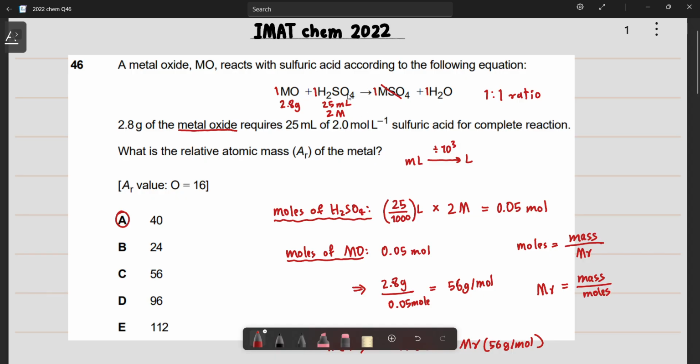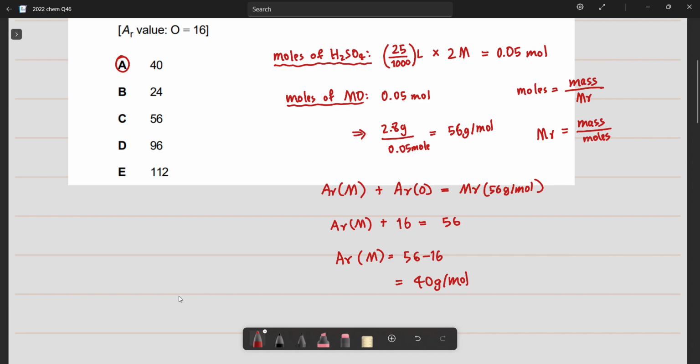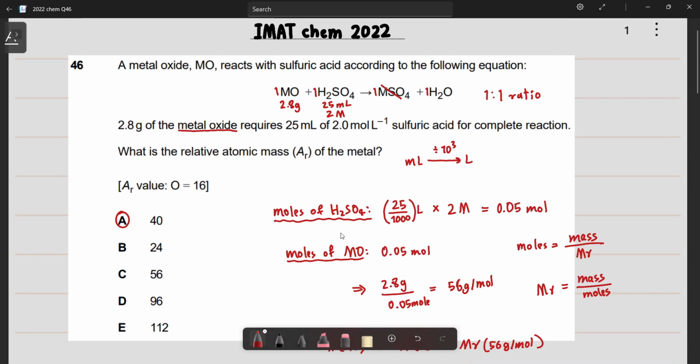The most important thing in every exam, whenever there's a question related to a chemical reaction with given masses and finding moles, is to always ensure that if they've given the chemical equation, it must be balanced. You have to check for that, or else the entire thing might go wrong. That's a pretty easy question, and that's how we solve it.